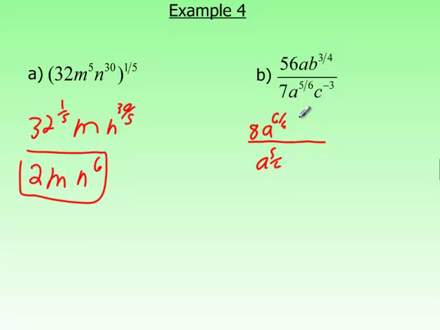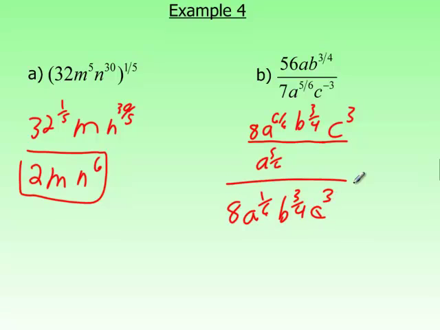And then I'll have b to the 3/4, and then c to the -3. Well, that's going to go up here as c cubed. Then I'll evaluate the a's and subtract, which will leave me with a to the 1/6, b to the 3/4, and then c cubed. And that one is simplified.